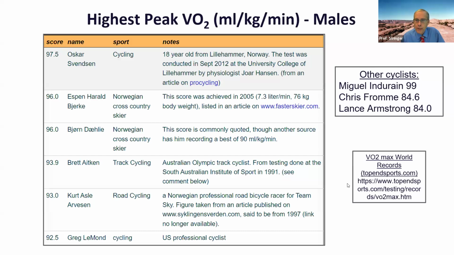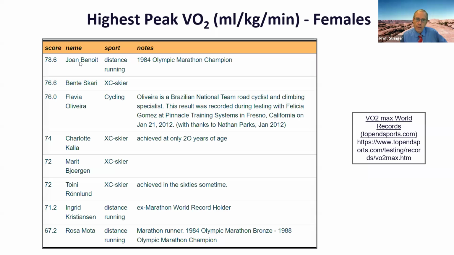So you may ask the question, okay, what about women? Here, Joan Benoit was a distance runner. She was measured about 80 mils per kilo, obviously very fit. And these are some of the others, some more recent, some back a ways, but somewhere between 60 and 80. So a world-class athlete has an oxygen uptake that's probably in the 60 to 80 mils per kilo.